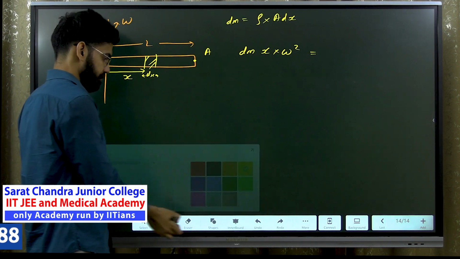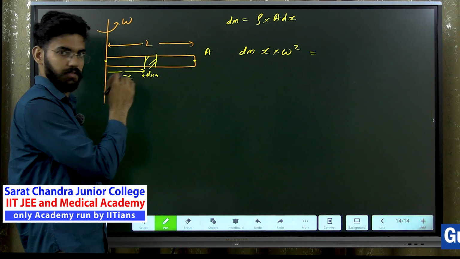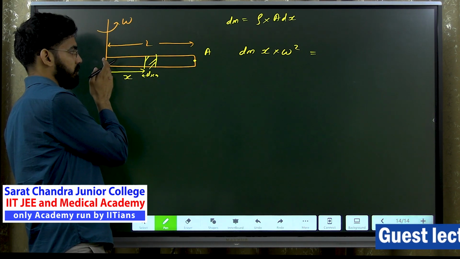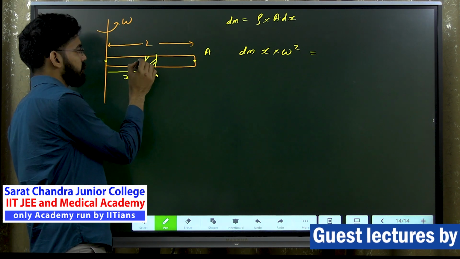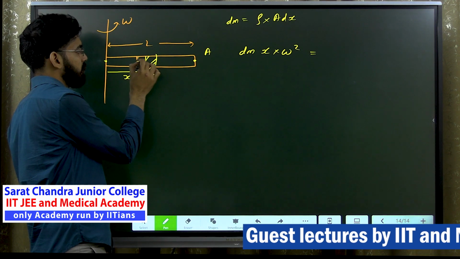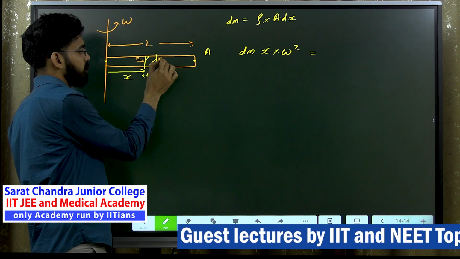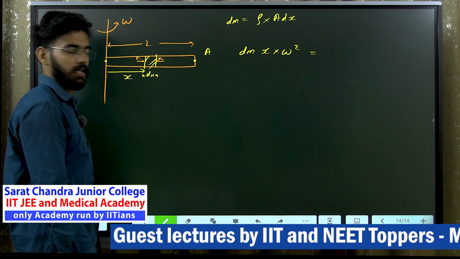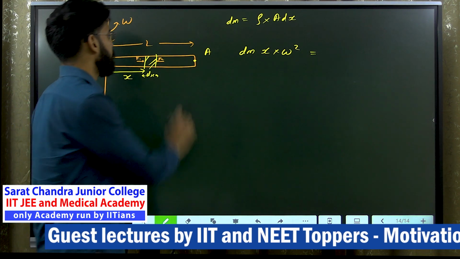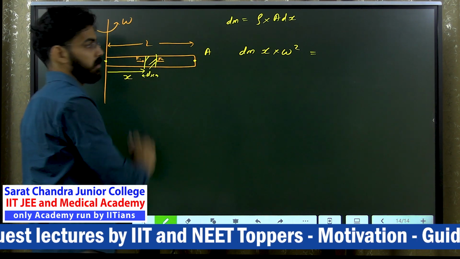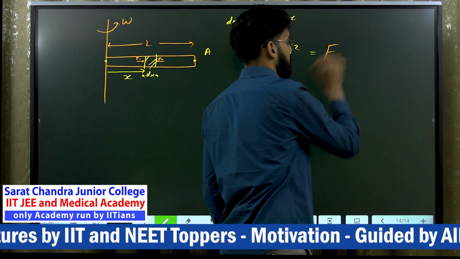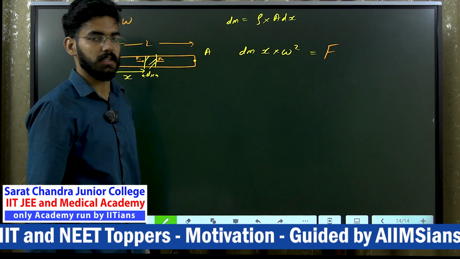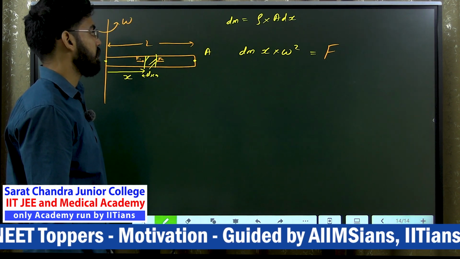Who is providing it? There is a force difference here. From here onwards there is a force increment. There will be a force F1 from this side and F2 from this side. So the net force on this part will be F. Understood?